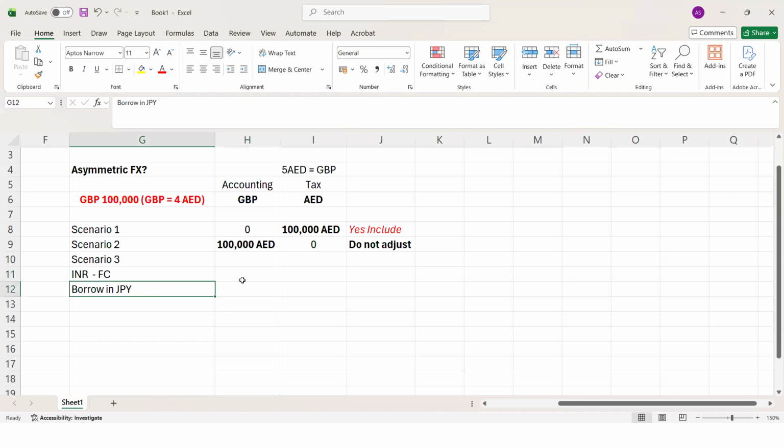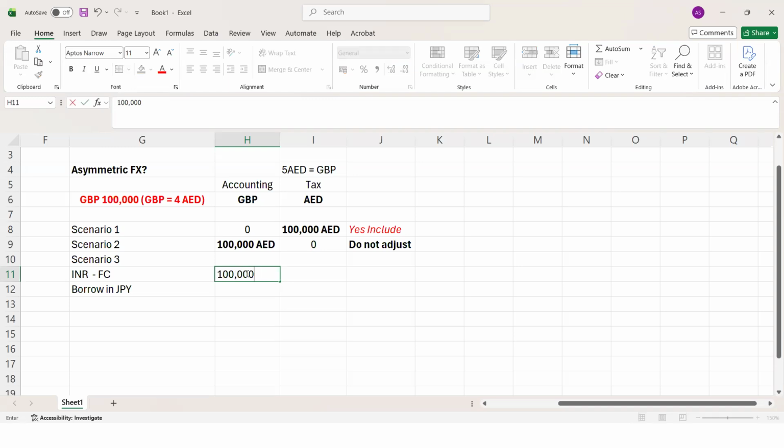I borrowed in JPY, and at the end of the year, under IFRS, IAS 21, it tells me to restate my balance in INR terms. So there would be a problem in my accounting figure, plus or minus. My liability may increase or decrease based on that.